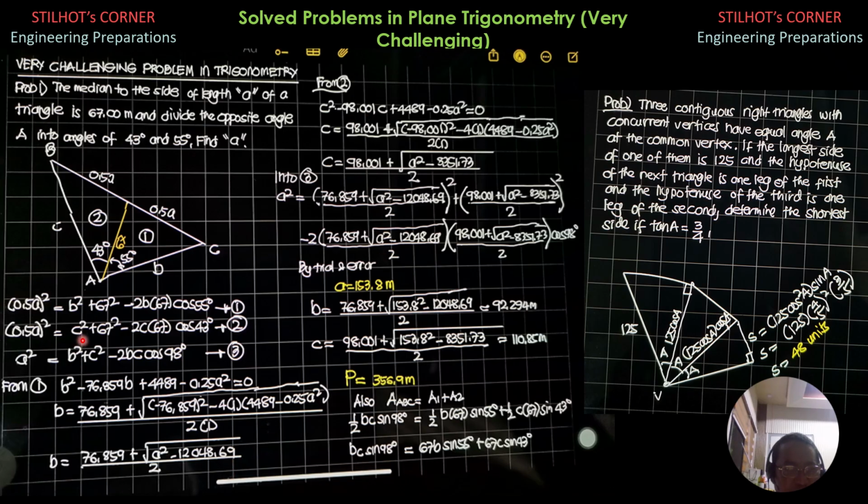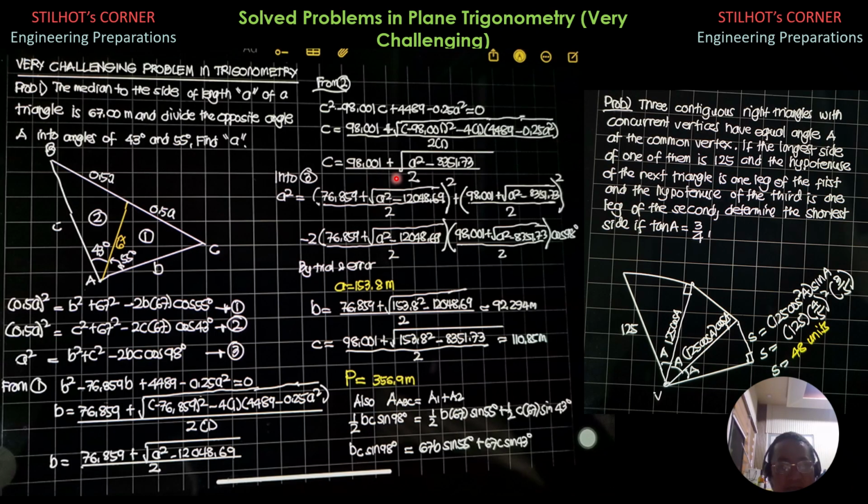Likewise, from equation 2 here, c squared minus 98.001c plus 4489 minus 0.25a squared equals 0. So c is, by quadratic formula, 98.001 plus the square root of negative 98.001 squared minus 4 times a, which is 1, times c, which is 4489 minus 0.25a squared, all over 2 times 1.